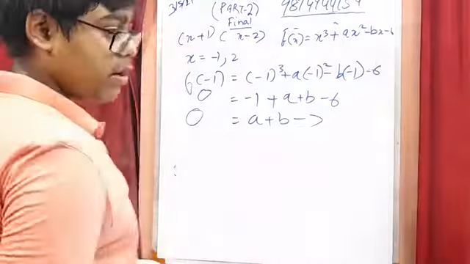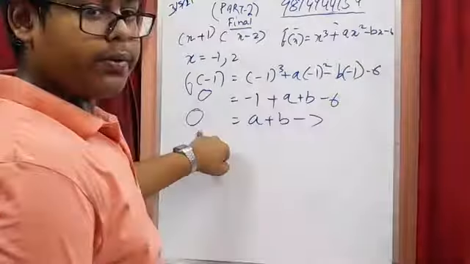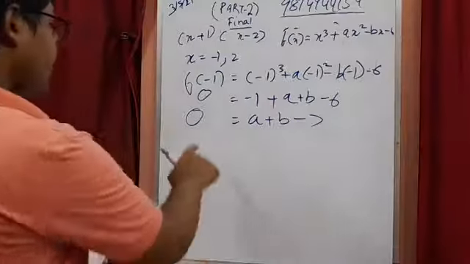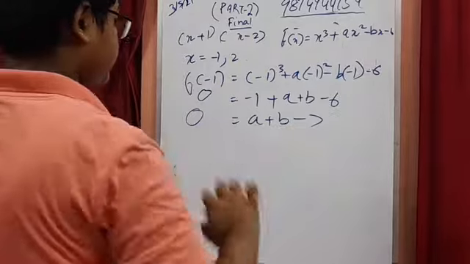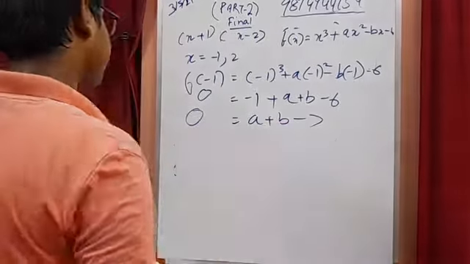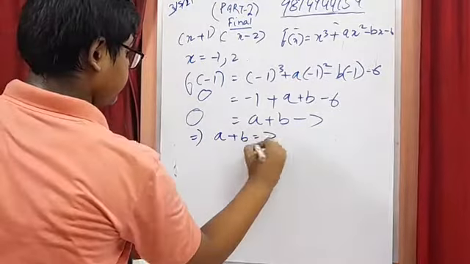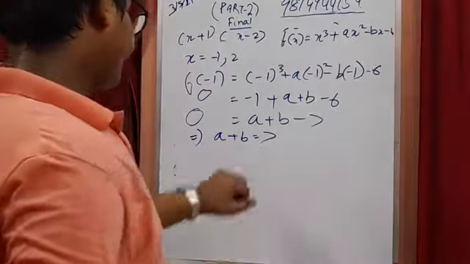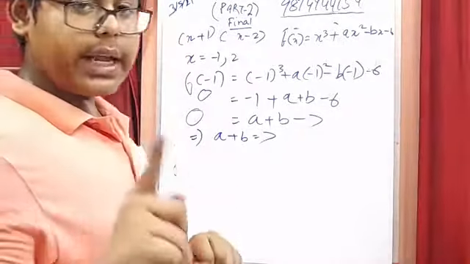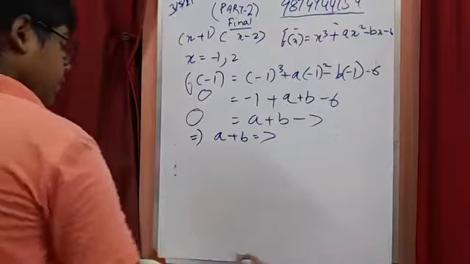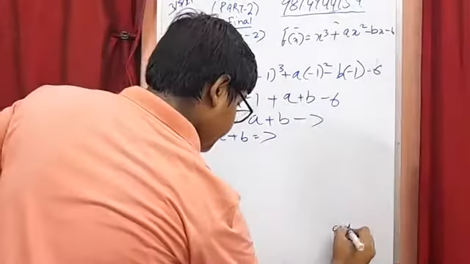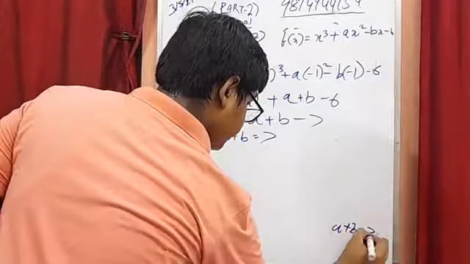It will be taken because it is a property of factors. Therefore 0 is equal to a plus b minus 7. 7 will be taken to this side, a plus b is equal to 7. Now a plus b is equal to 7 is one equation which we got. Keep it over here.